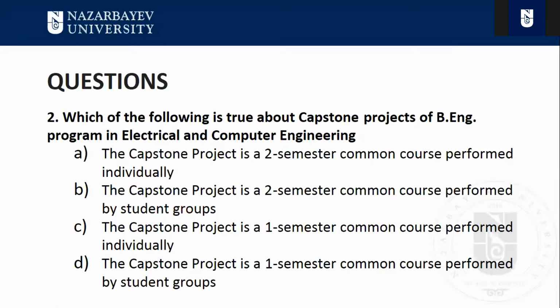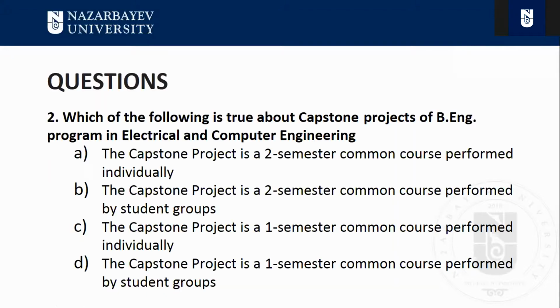Here you can see the variants. A, capstone project is a 2-semester common course performed individually. B, capstone project is a 2-semester common course performed by student groups. C, the capstone project is a 1-semester common course performed individually. And D, capstone project is a 1-semester common course performed by student groups.